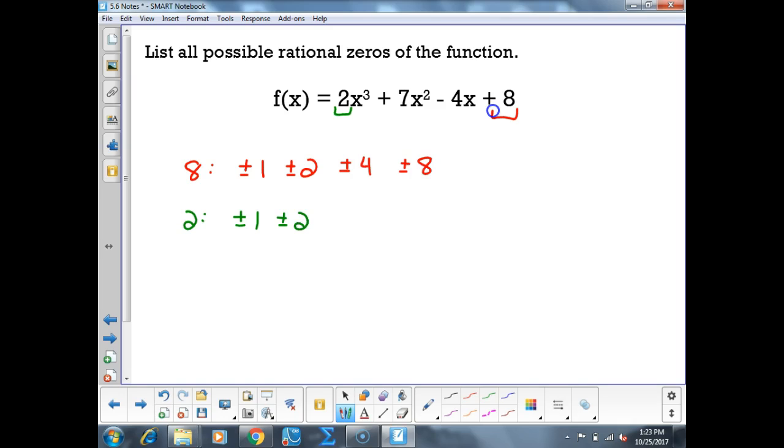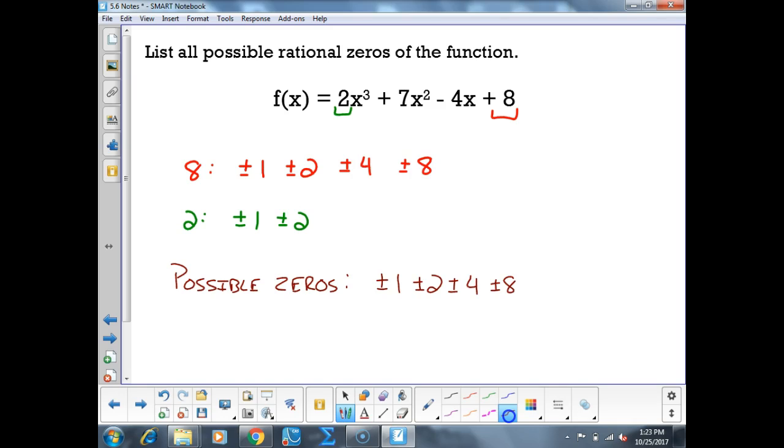So my list of possible zeros is plus or minus 1, plus or minus 2, plus or minus 4, plus or minus 8, right?